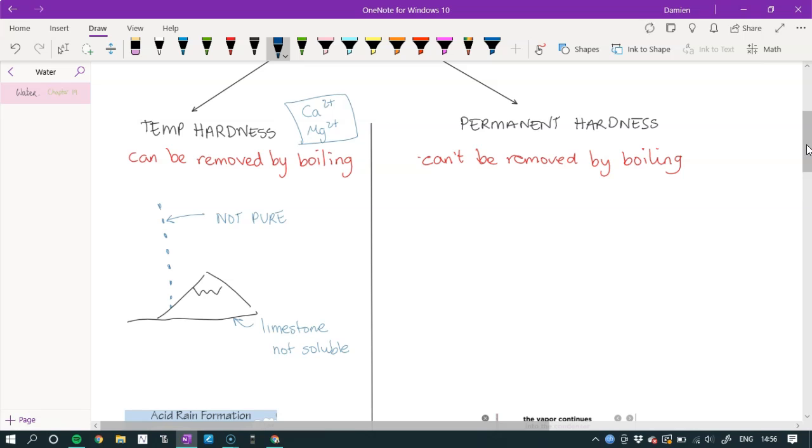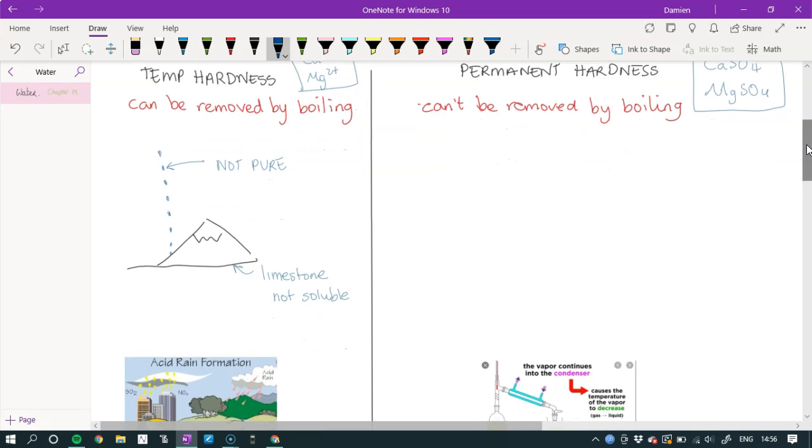But permanent hardness then is often caused by other chemicals. So again, they're calcium containing, but this time they're actually sulfates. So calcium sulfate will be one of the main ones that will cause it. And also because magnesium is often in the water as well, magnesium sulfate can also cause permanent hardness. Now, how do we get rid of these?